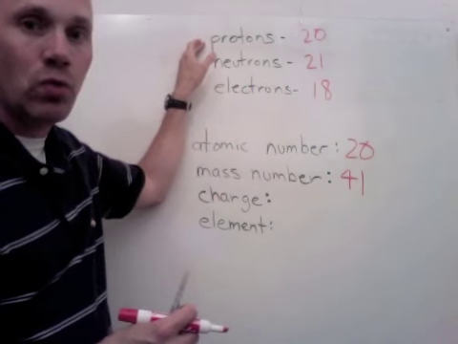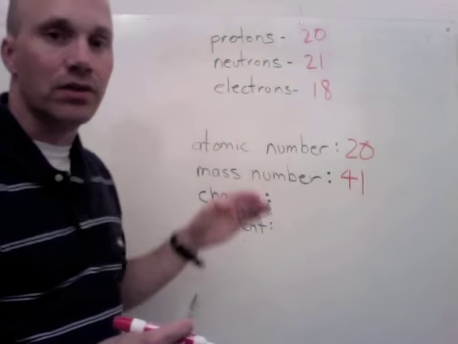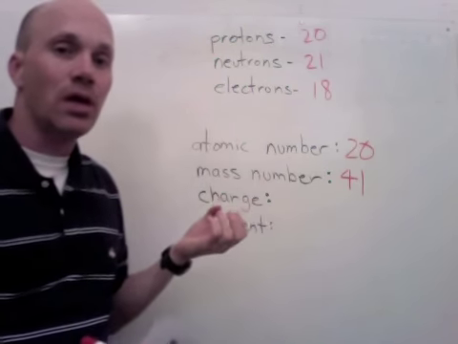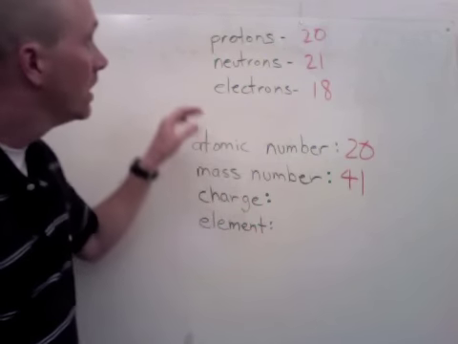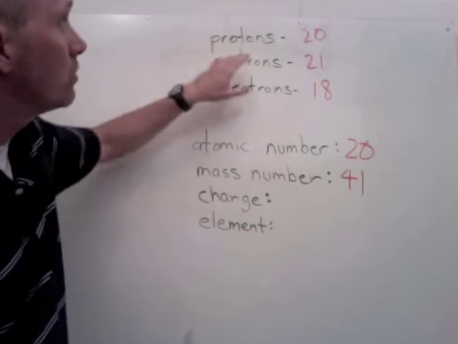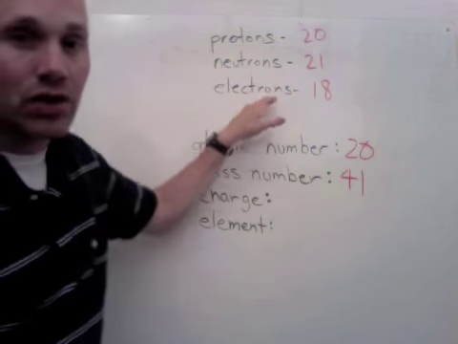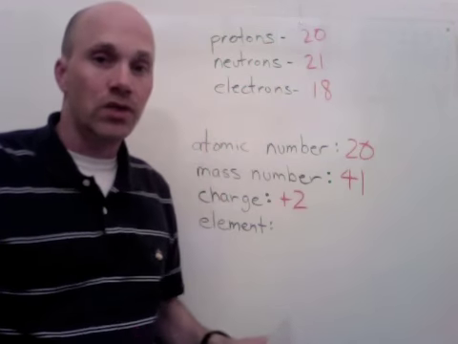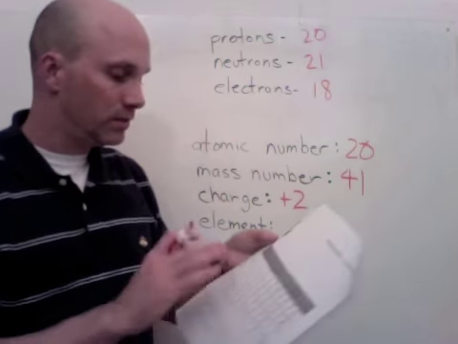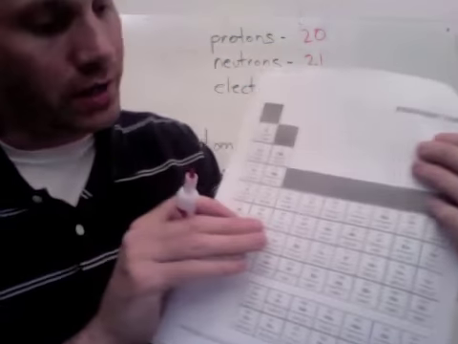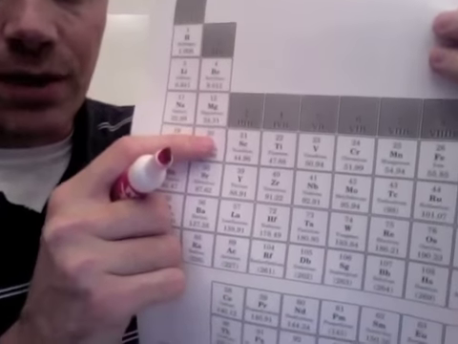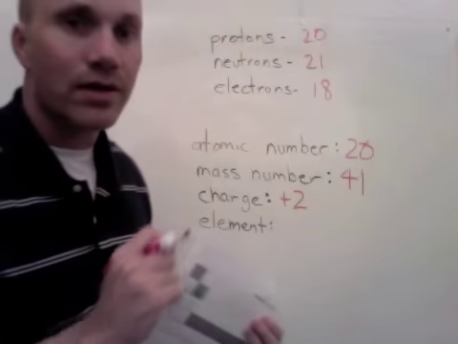We've got 2 more protons than we have electrons. Okay, what that means is that the atom is not only going to have a positive charge, it's going to have a positive 2 charge because the protons outnumber the electrons by 2. And so if you needed to know which element this is, you go to the periodic table, take a look at the one whose atomic number is 20. That's going to be calcium.